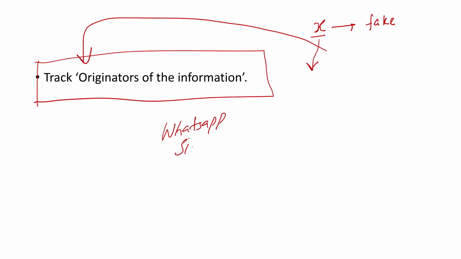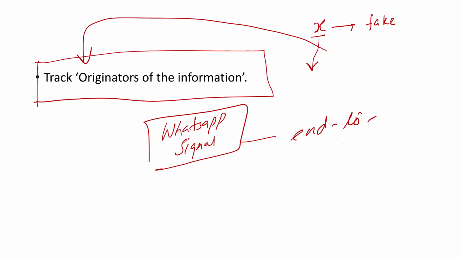What about Signal? The messages on WhatsApp and Signal are end-to-end encrypted. That means the government cannot know who is the originator of these messages. And at the same time, even WhatsApp will not know what message you are transmitting from your mobile phone to your friend's, because these messages are not stored and are not read by WhatsApp and Signal.